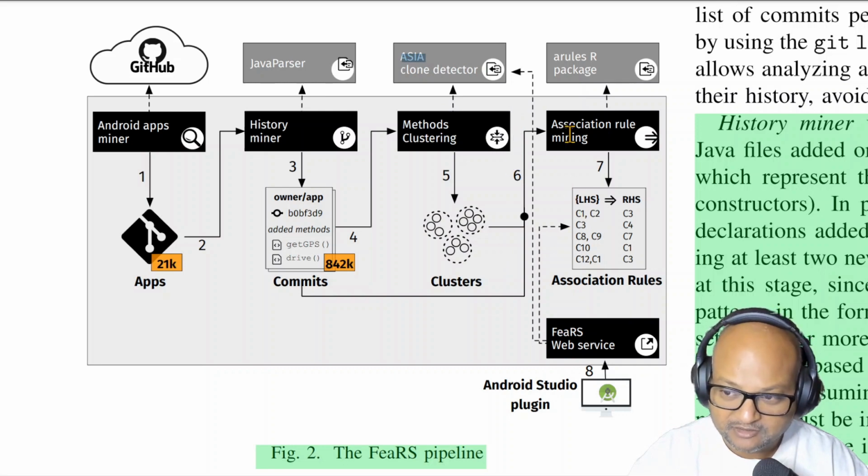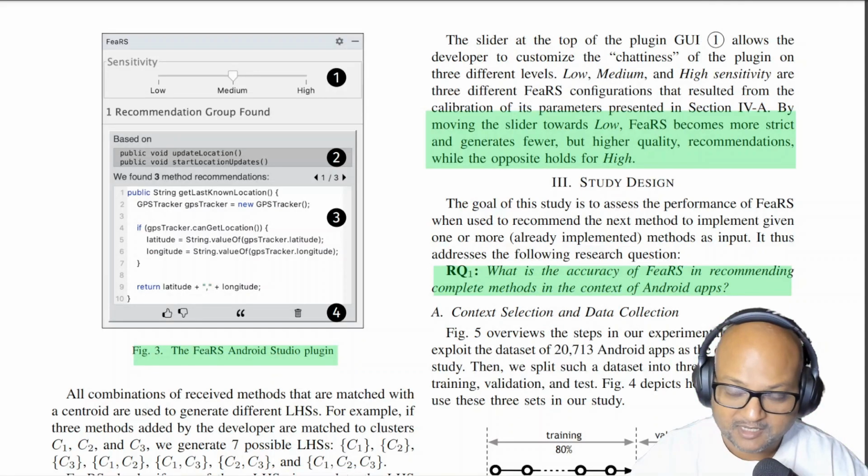And finally they use a well-known data mining technique called association rule mining to build lists of these left-hand sides and right-hand sides, which can predict a likely method to come next given a few existing ones. Finally, the resulting model is exposed in the IDE in Android Studio via a plugin created by the authors.